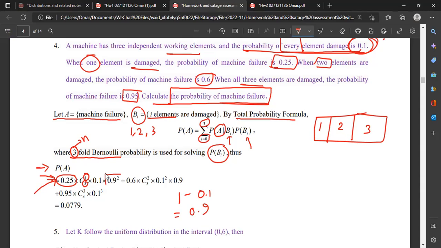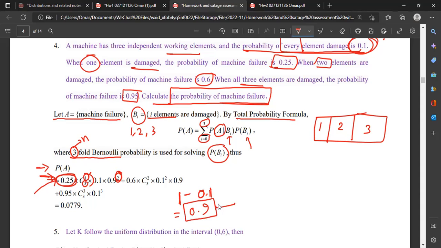So the remaining 2 elements, they are working perfectly fine, right? Because the first element is damaged, so the machine failure rate is 0.25, and we take 3 out of 1, right? Because the first element is damaged, and then the remaining 2 elements are not damaged. So here we just minus 0.1. That means the remaining two parts are not damaged.